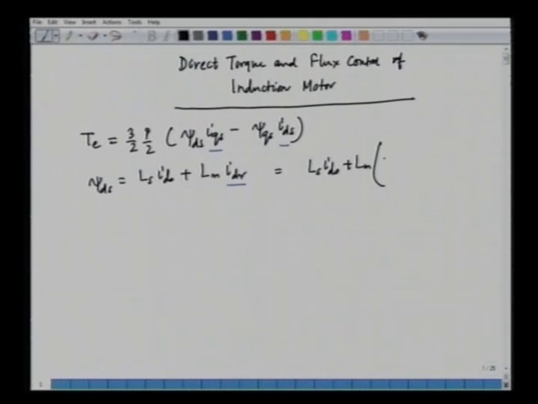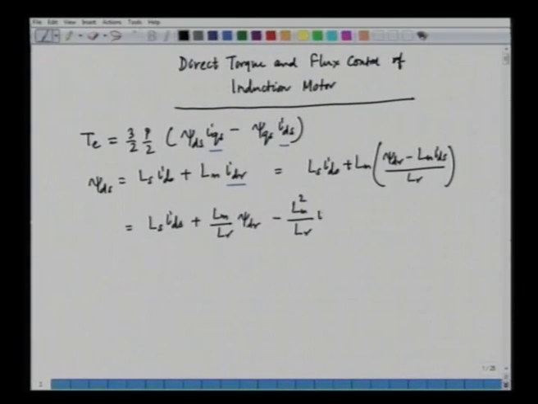So what we will do here is that it is psi dr minus Lm IDS by Lr. We will further simplify this. So that is equal to Ls IDS plus Lm by Lr into psi dr minus Lm square by Lr into IDS.